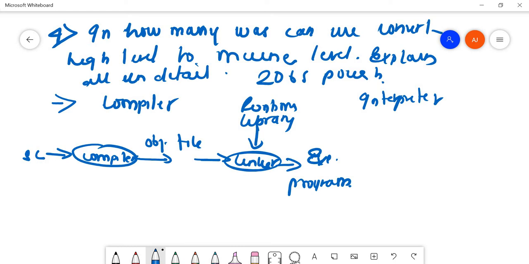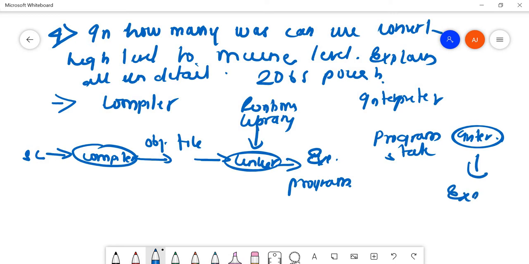In an interpreter, the diagram is: we have our program statements, we pass them to the interpreter, and we get the executable program. So in this way you can explain this.